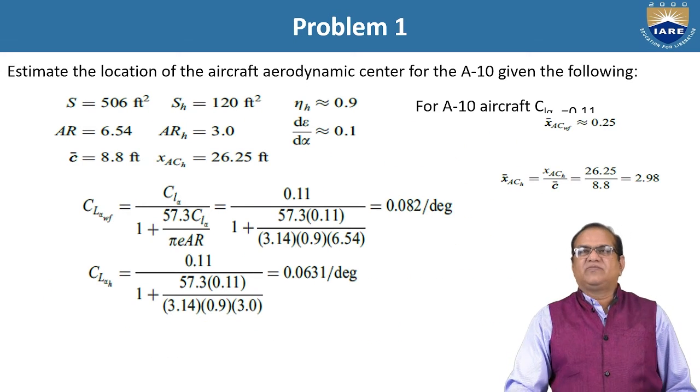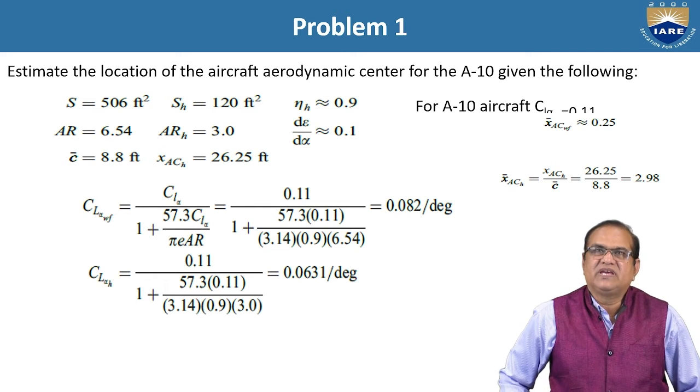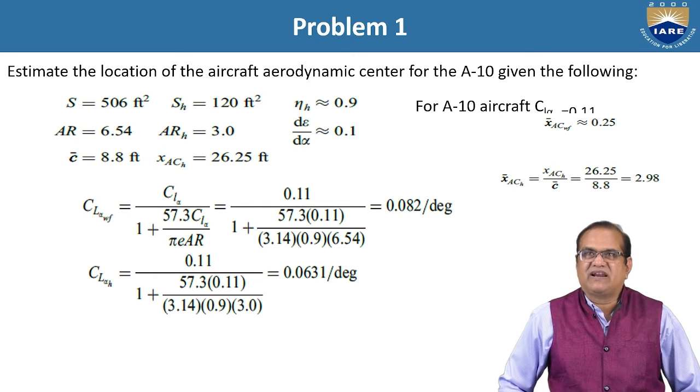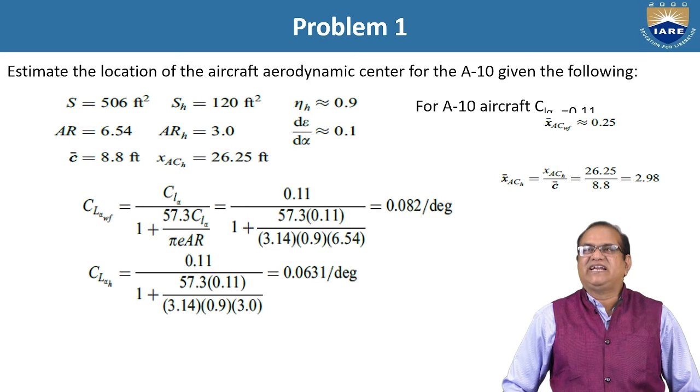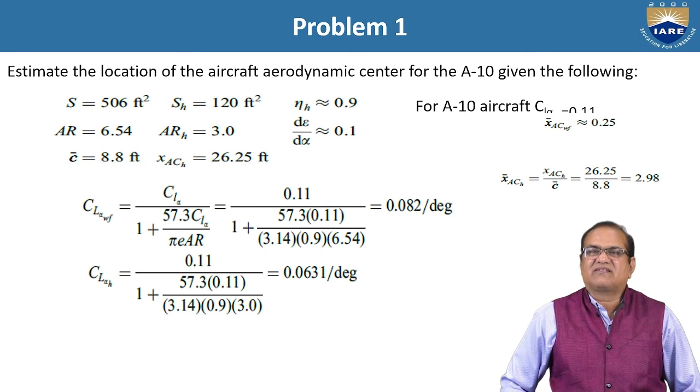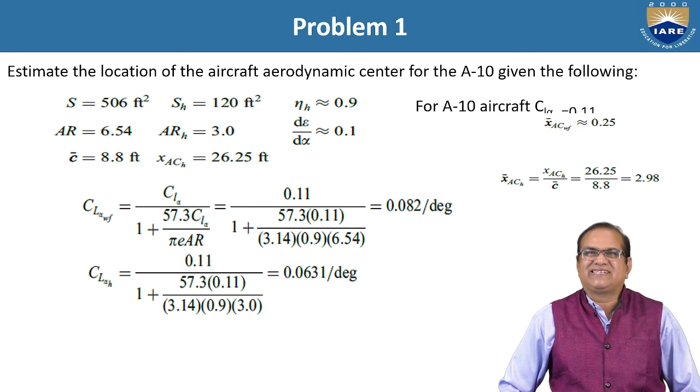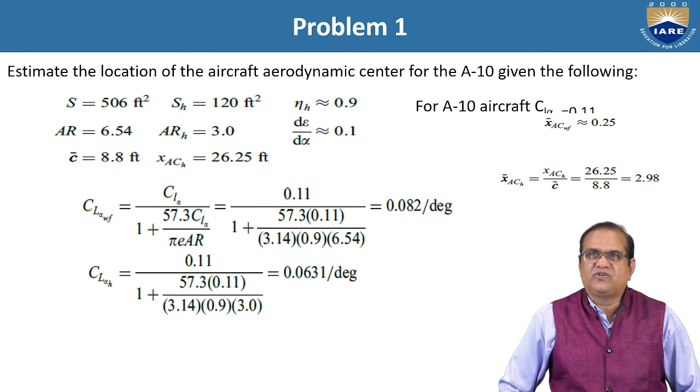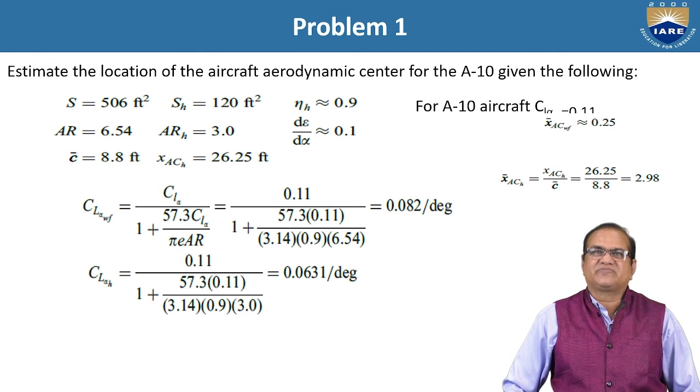So here is a small problem. Estimate the location of the aircraft aerodynamic center for the A10, given the following conditions. Area of the aircraft wing is 506 feet square. Area of the horizontal tail is 120 feet square. Eta h is equal to 0.9.